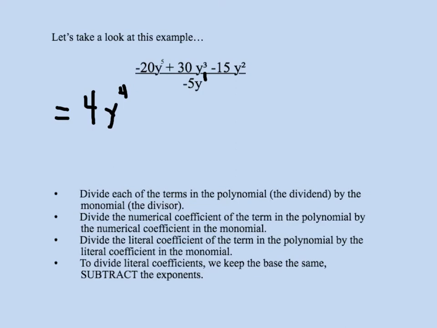Moving on to the next term, we have 30 divided by negative 5, which would give us a negative 6. Y cubed divided by y is going to give us a y squared. Keep your base the same, subtract your exponents.